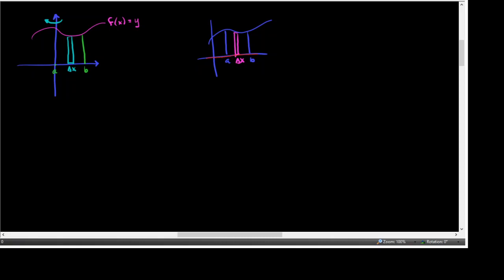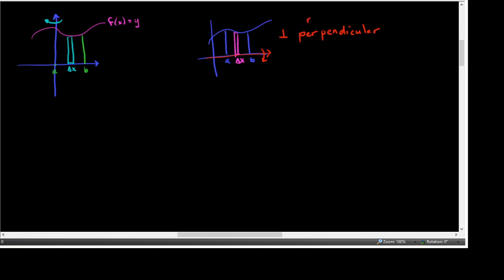Let's just say it was the x-axis that we're revolving about. What's the relationship? Well, it's perpendicular, right? The rectangle is a vertical rectangle, and its length is perpendicular to the axis of revolution.